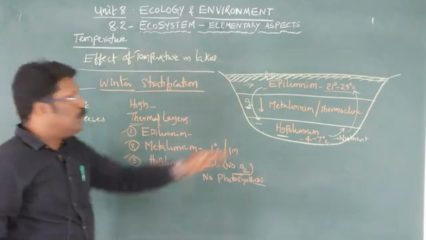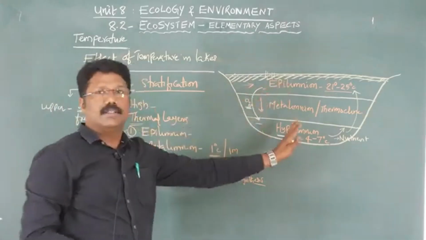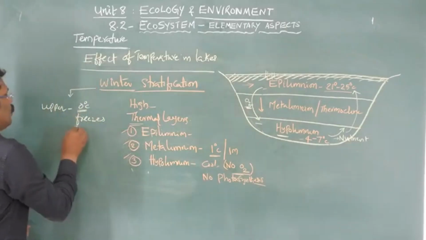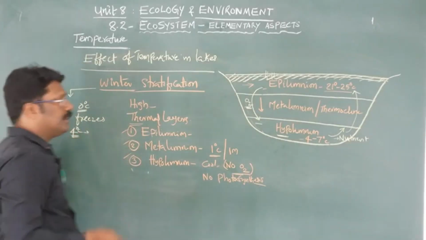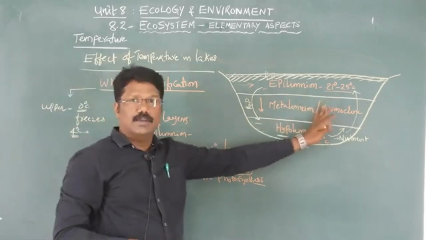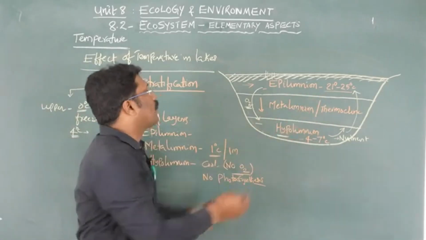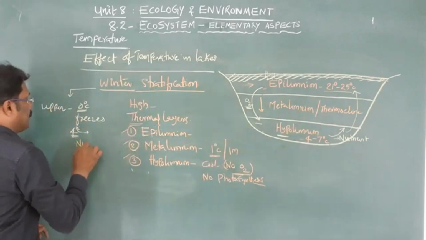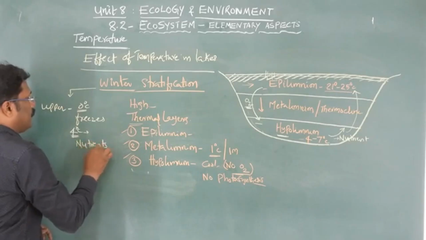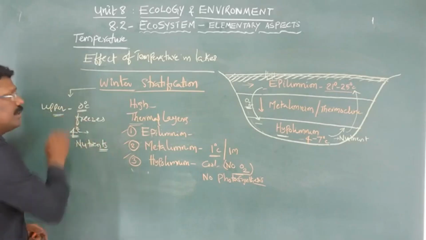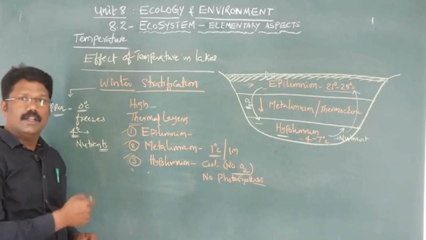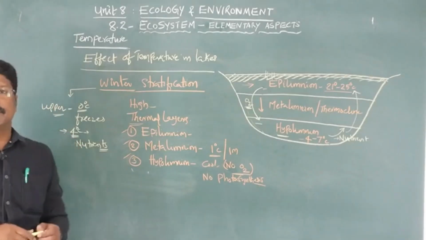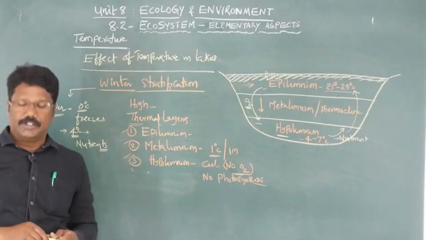But below this layer, life still exists because it is around 4 degrees centigrade. At 4 degrees centigrade, the animals can live because of the availability of nutrients. So even though the upper layer freezes, the animals can live below this layer because the temperature is around 4 degrees centigrade.